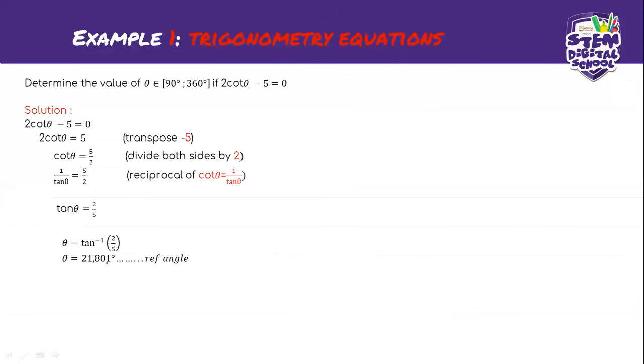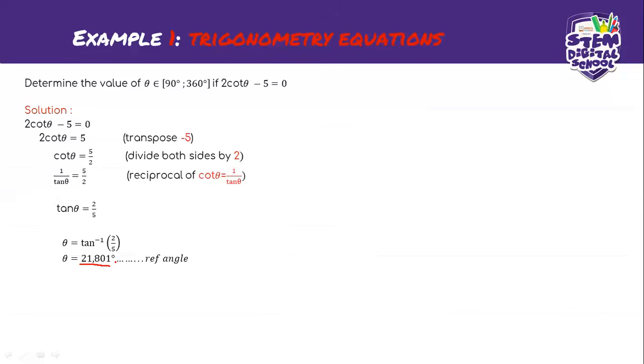Then we are now going to obtain your reference angle. So this is going to be your reference angle, learners. It's not yet the answer. That is the reference angle that is going to help you to answer this question, right? And every time you calculate the reference angle, sometimes after the comma it will give you a lot of numbers.